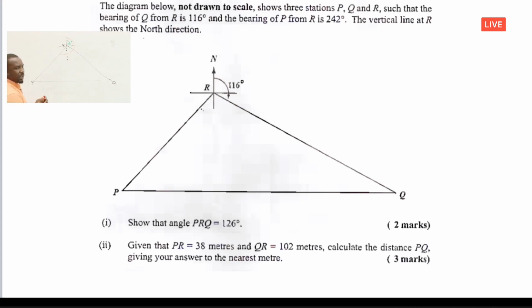This bearing they are telling us now is 242 degrees. Okay?